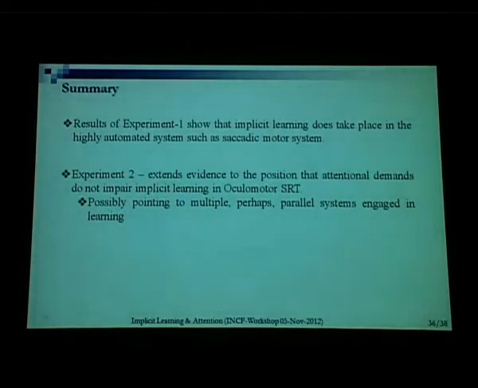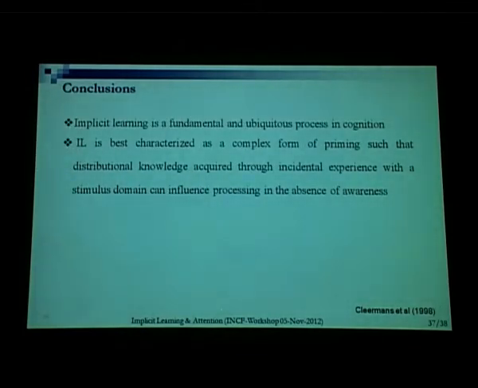So you have these two positions, and the current results point to perhaps a parallel independent system that engages when you are experiencing a series of stimuli and acquiring internally some relationship among the stimuli. So in conclusion, what I have done today is give you a tutorial overview of implicit learning research.